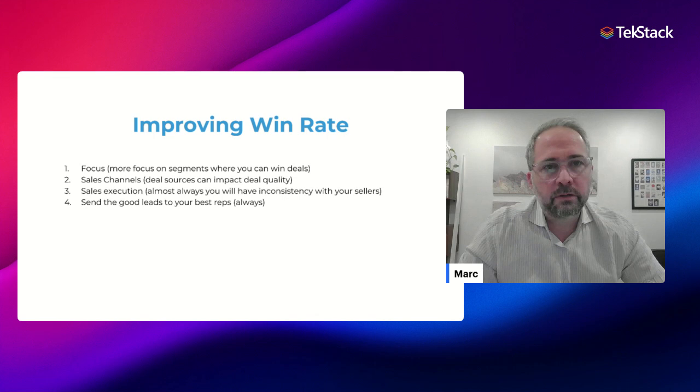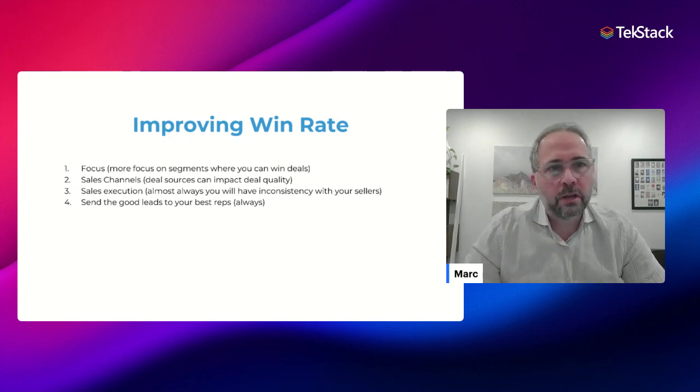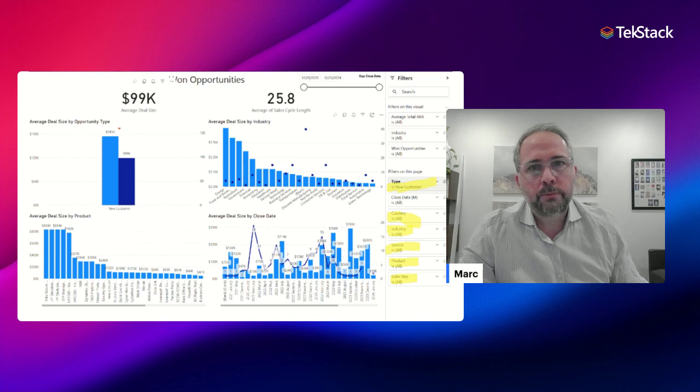When you can demonstrate a 50% win rate, you'll get that lead. All this round robin or segment-based sales territory stuff, almost always there's no benefit to it other than trying to organize a flow of leads. The buyers don't care. So send the best stuff to your best reps, and you'll see an immediate improvement in your results.